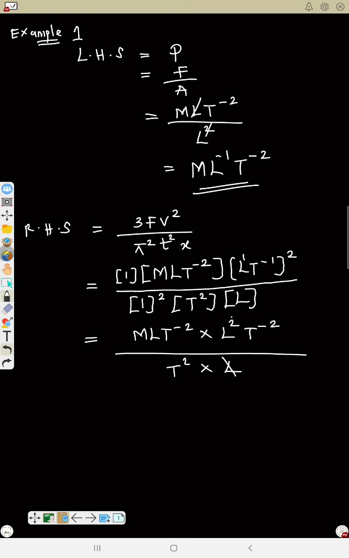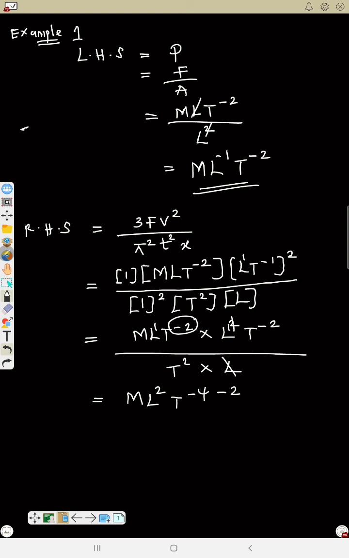Here, one L will cancel out. So we'll have M L square, because we have 1 L here and another 1 L. That is M L square T raised to power minus 4, that is minus 2 minus 2. Then this one, you can take it up as the power, that will be minus 2.